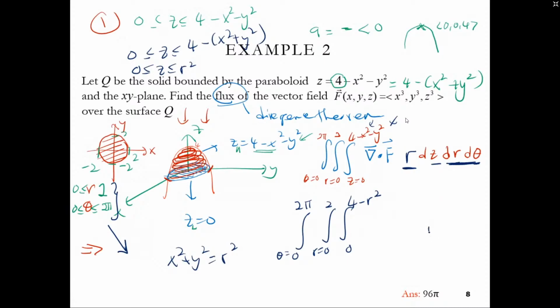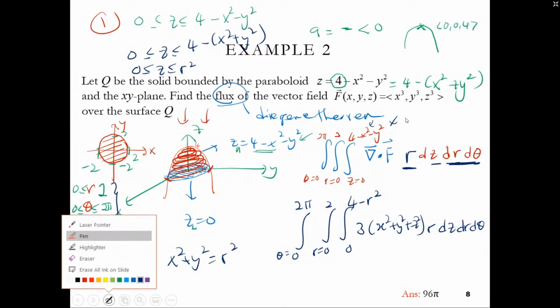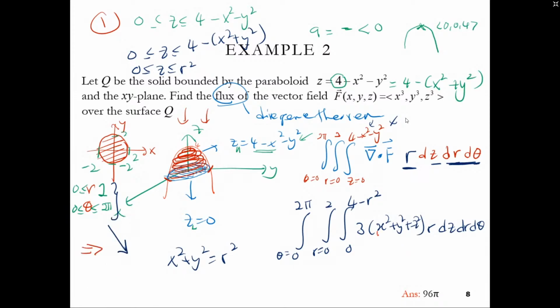This one also we just put dz dr d theta, and our divergence previously was 3 x squared plus y squared plus z squared. Still here we have x squared and y squared. You apply it here, and this can be simplified as 3 r squared plus z squared, times r dz dr d theta, the triple integral.